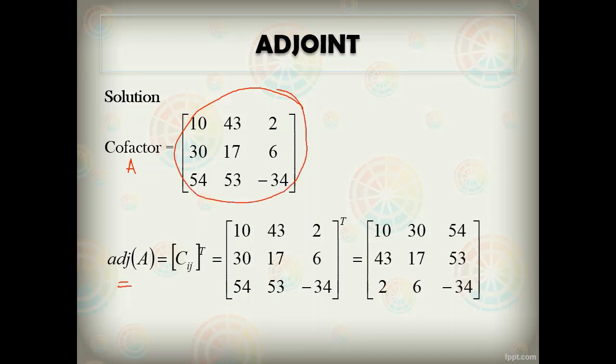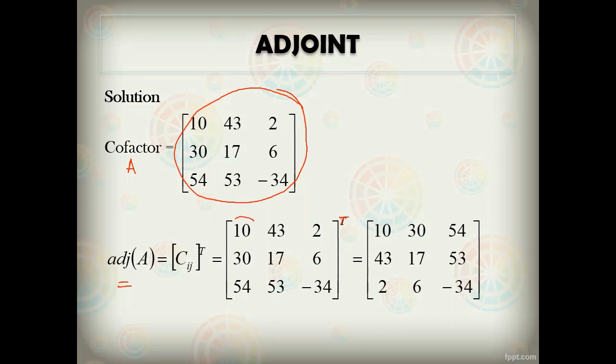Do you still remember transposition of the matrix? You swap the column to become the row, and the row to become the column. T means transpose.